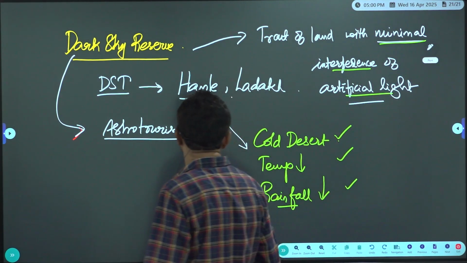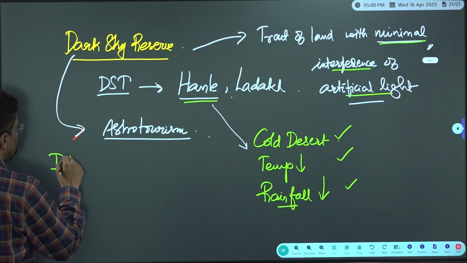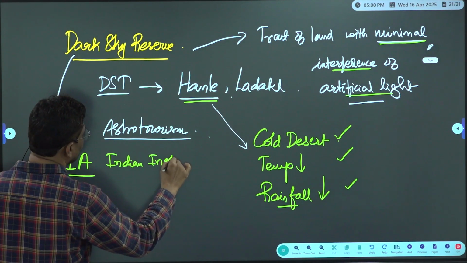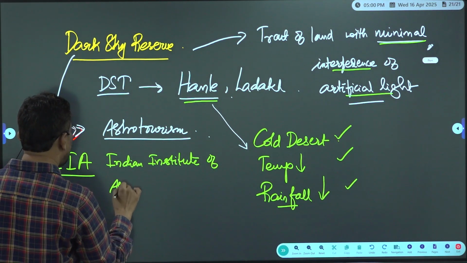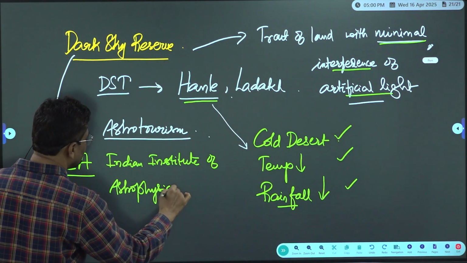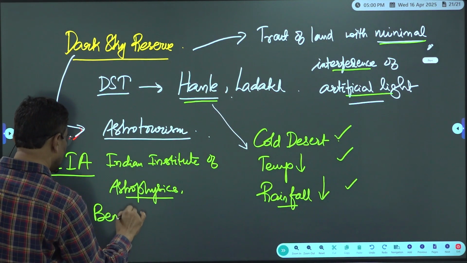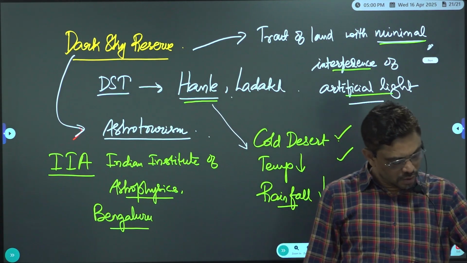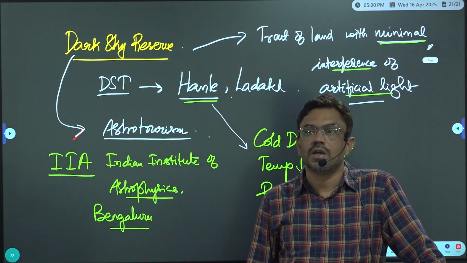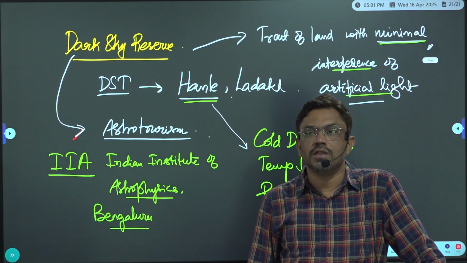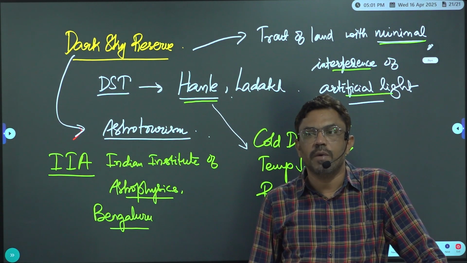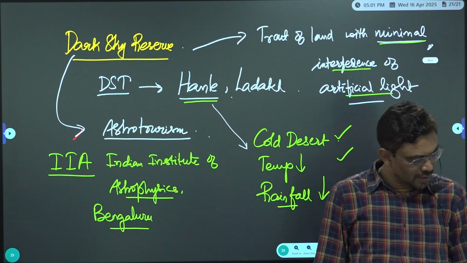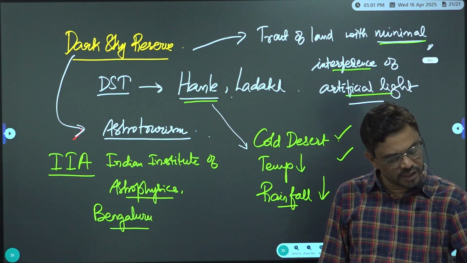The Indian Institute of Astrophysics, IIA, Bengaluru, maintains the telescope for this dark sky reserve. Next.